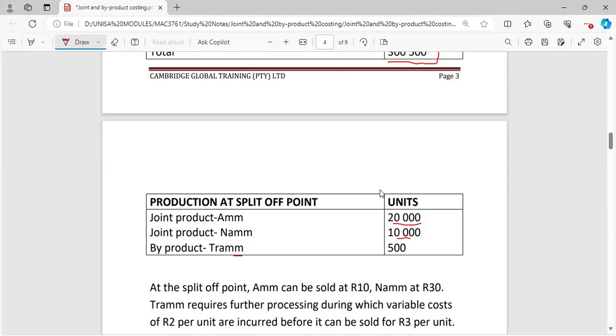You can see here a byproduct will have a very low significant value. So if they did not specify this is a byproduct, you can tell from these values that this is the byproduct. Here we are lucky, the question specifies that this is a byproduct.